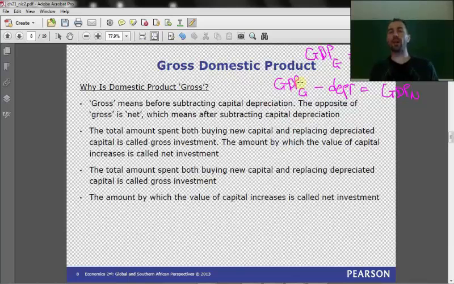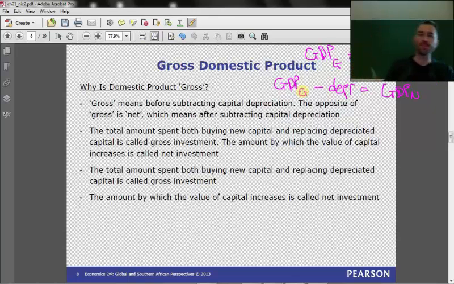So when we're talking about gross domestic product, what we want to know is how much stuff did we produce regardless of how much stuff we used up in doing that production. When we have GDP net, then we're saying how much did we produce minus the stuff that we used up in producing it, the useful life of machinery and factories and things like that.